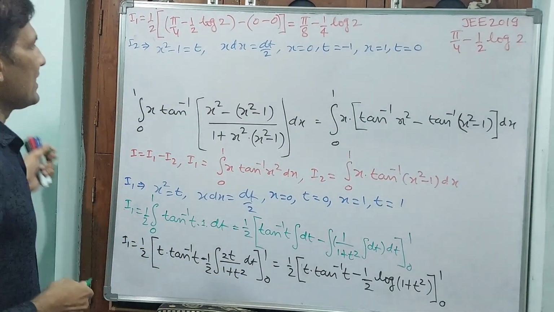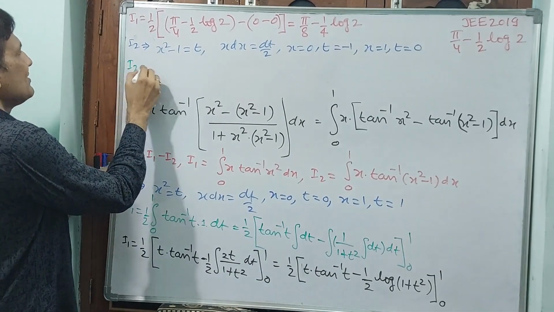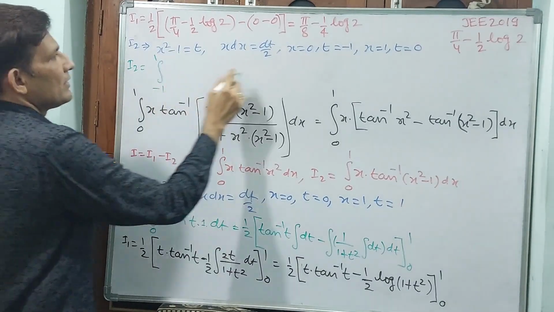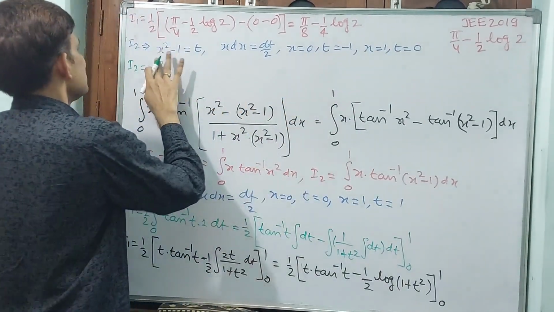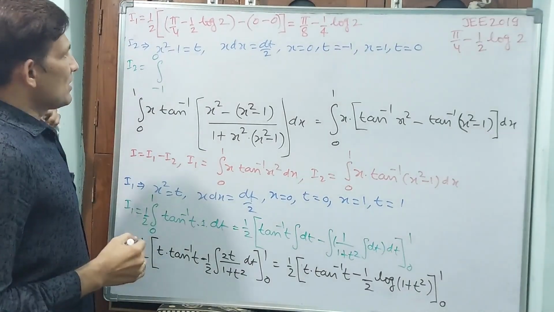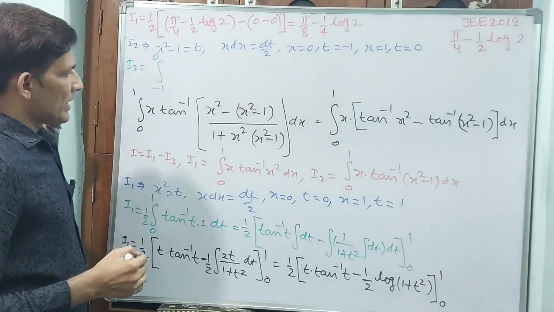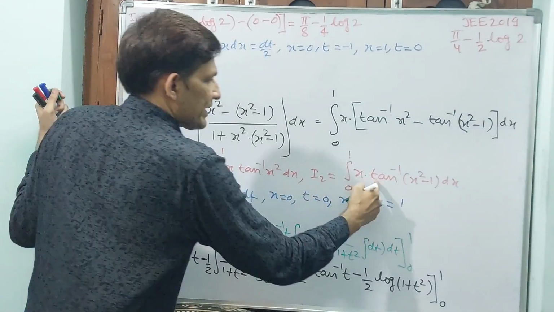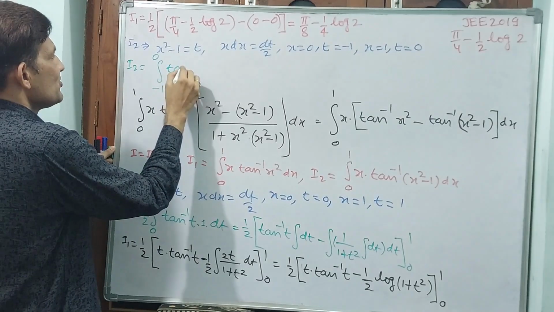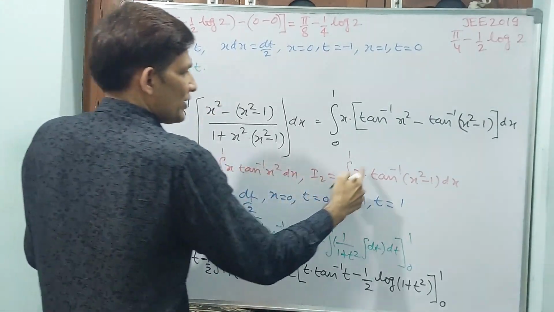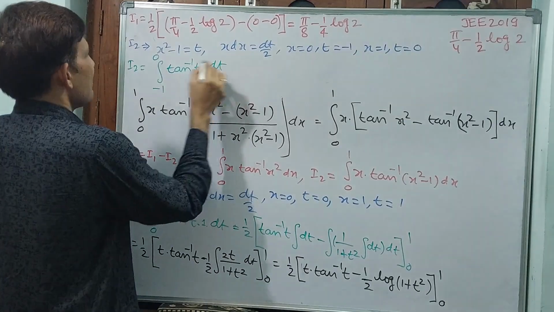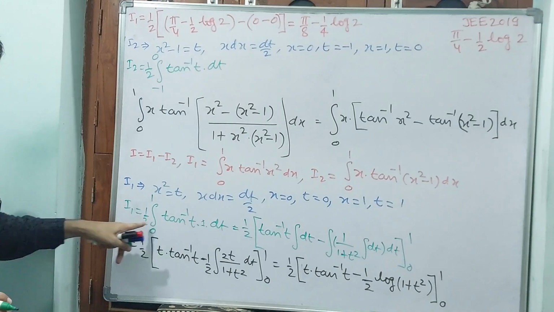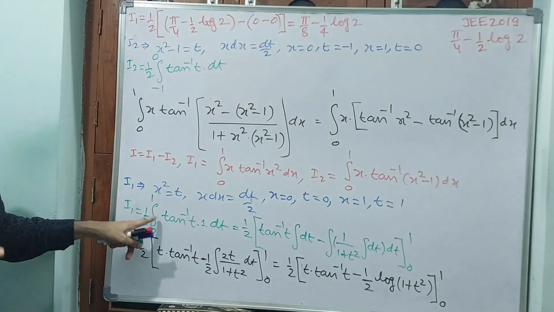Now proceed accordingly. Now I2 is equal to integral minus 1 to 0, not 1. Minus 1 to 0. Okay? And tan inverse t into x dx, which means dt by 2. That means dt I will write here, and 1 by 2 I will write here. Now wait, here also the same thing has come, 1 by 2, but you don't bother about the limit.